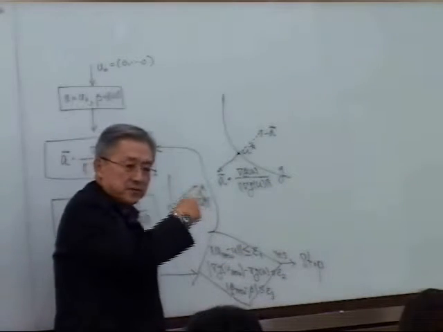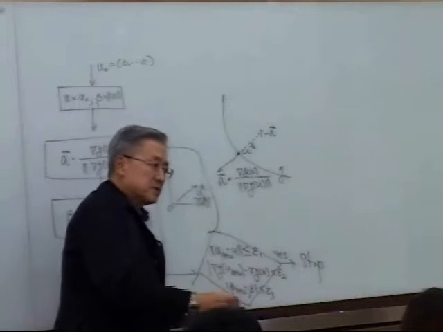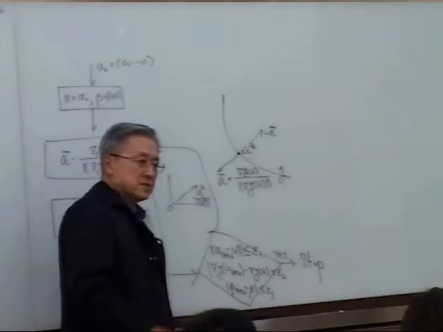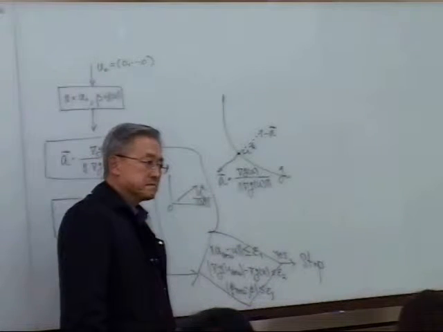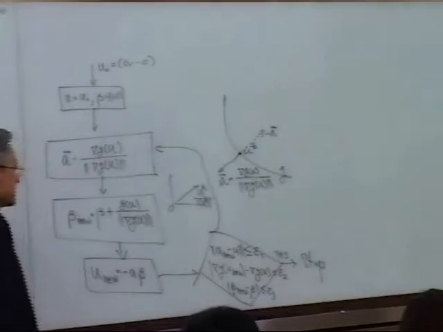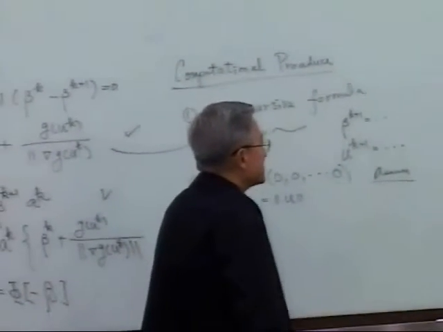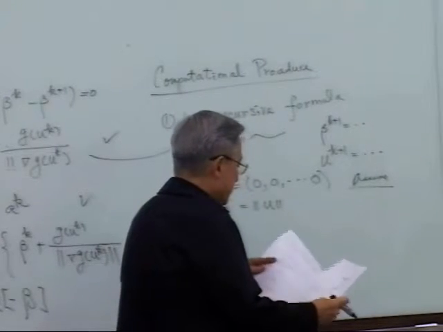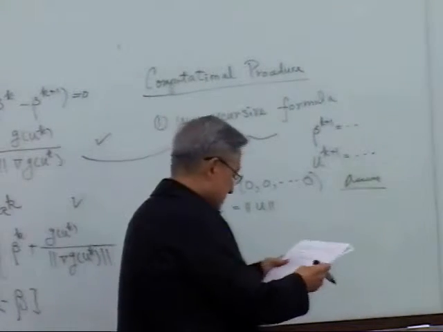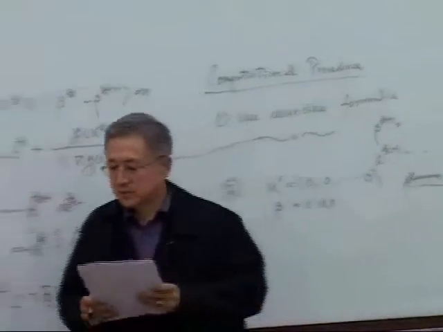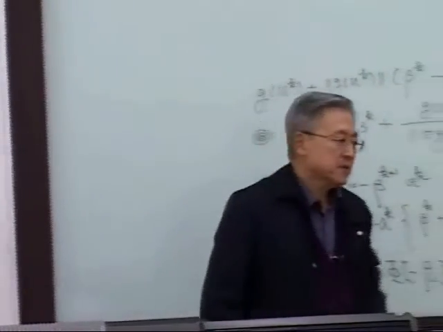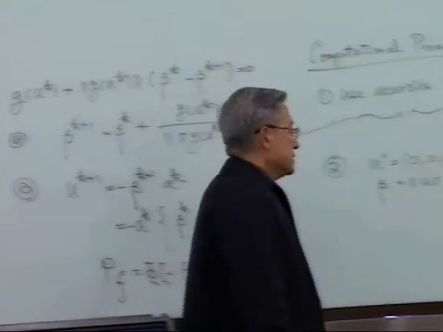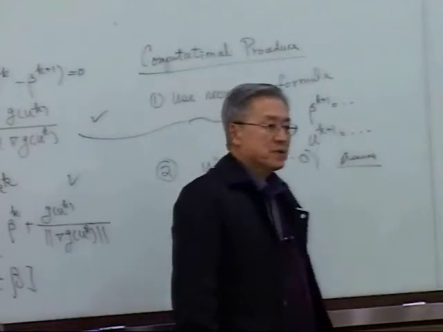Otherwise, go back to a, recalculate k plus 1, k plus 2, k plus 3, then stop. This is really a computational procedure, but if you solve the 3 pages starting at page 419, then it should be very clear.